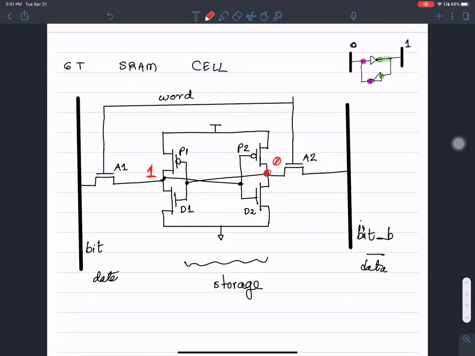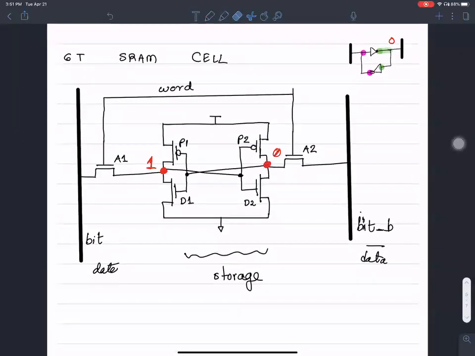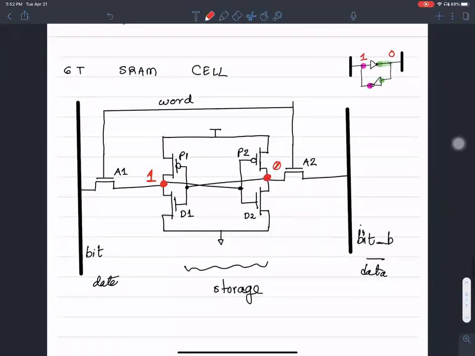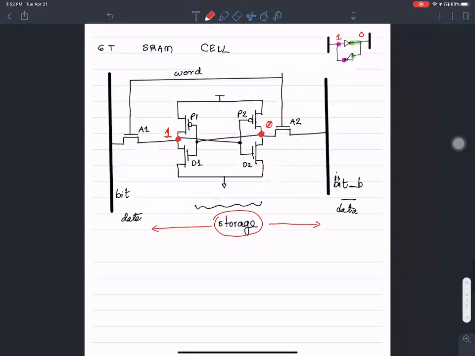So this node holds a value of 0 and this node holds a value of 1. What I want to do is read this data onto the data lines. This storage memory, I want to copy onto the data lines. That's called the read operation.